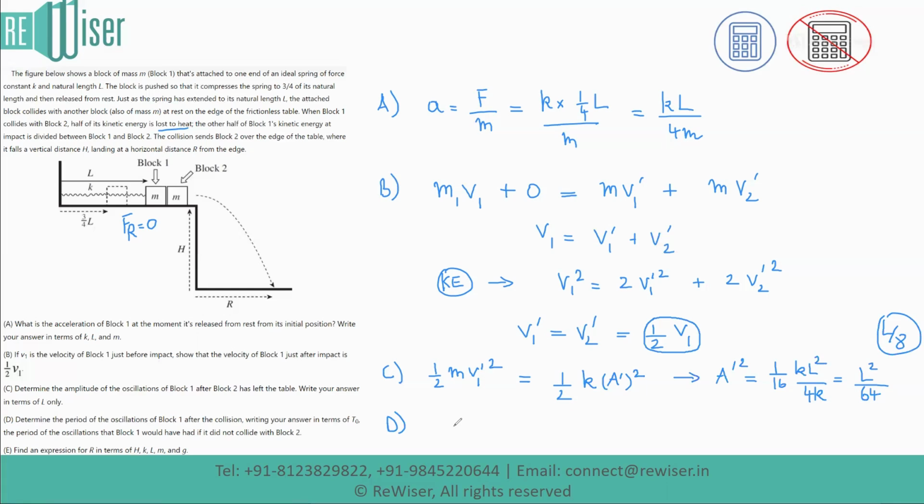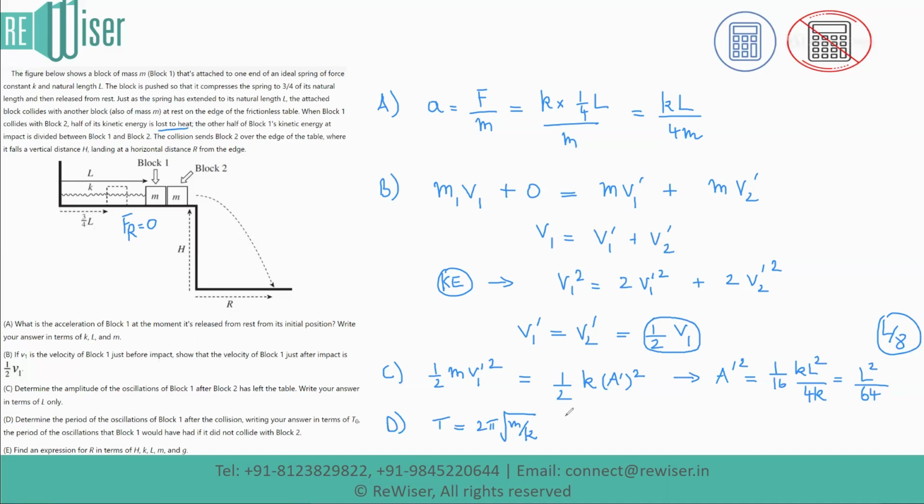The time period for a horizontal spring mass system is 2 pi root m by k. So the time period depends on the spring constant k and the mass. Since neither the mass nor the spring constant k changes, the time period T will remain the same as the previous value T naught and will not change.